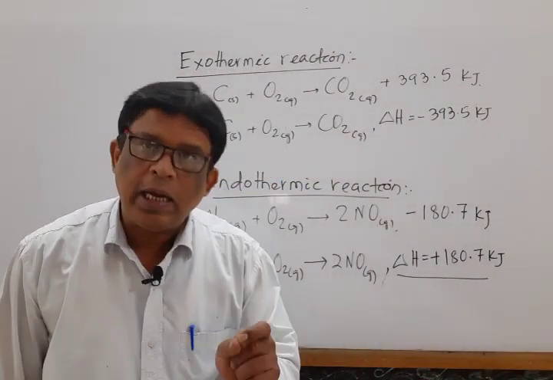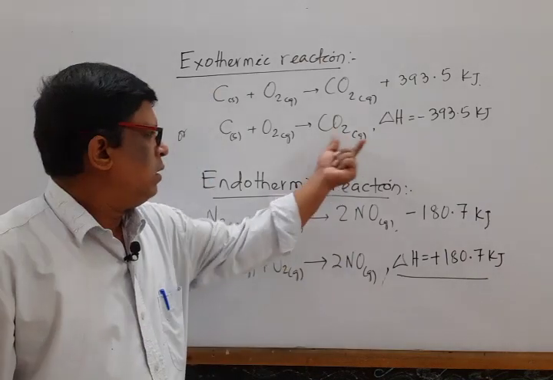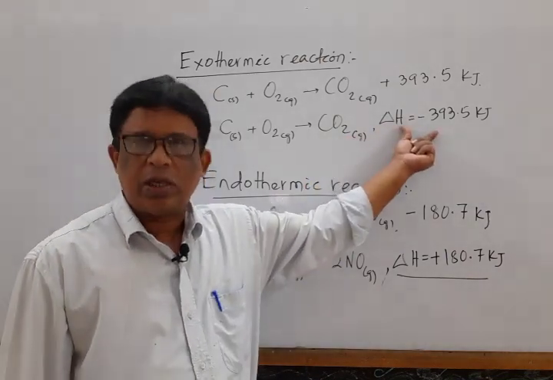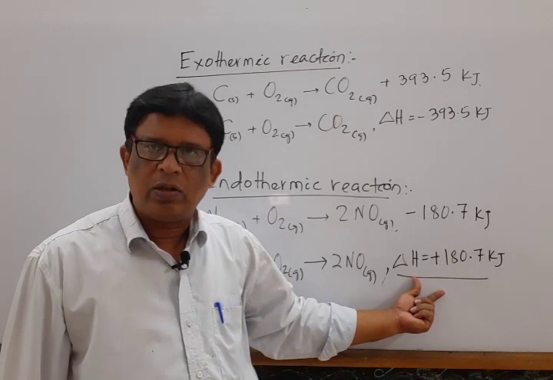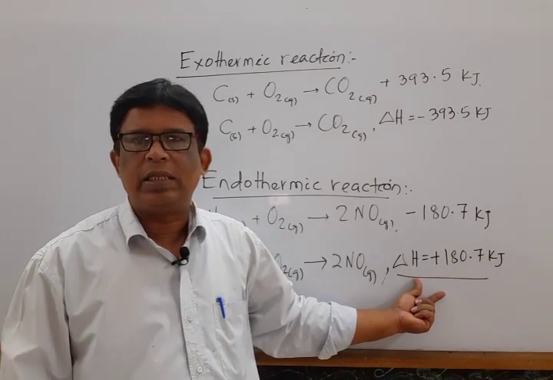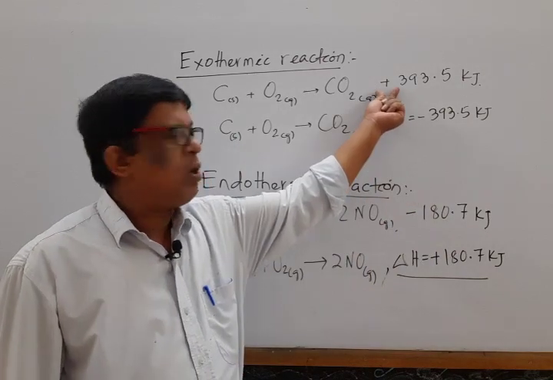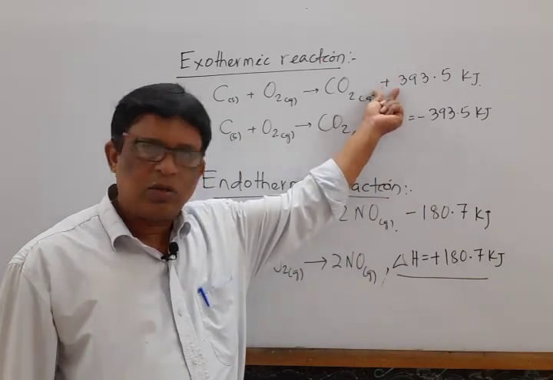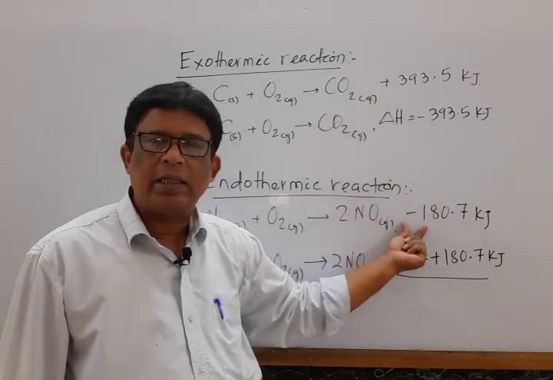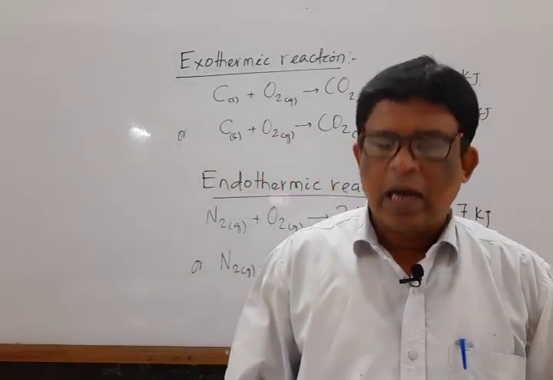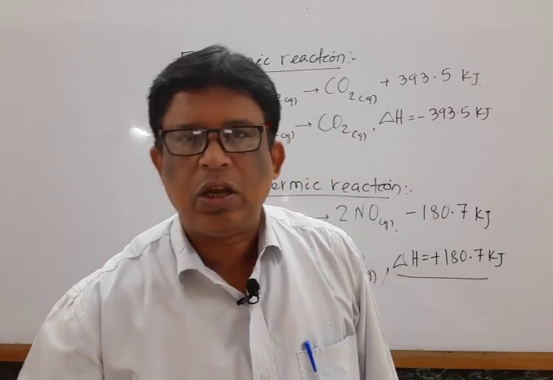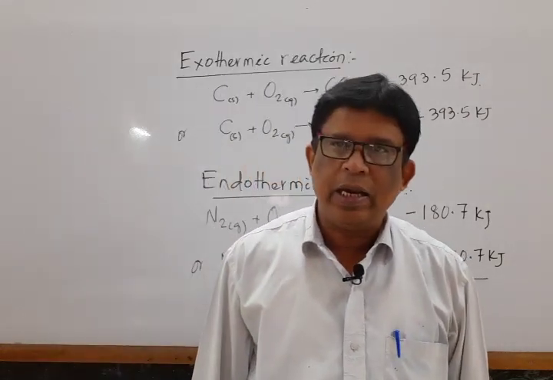If symbolically it is represented, then del H negative means exothermic, del H positive means endothermic. If no symbol is there, then a plus sign indicates exothermic, a minus sign indicates endothermic reaction. So it is a little bit of idea about exothermic and endothermic reactions.